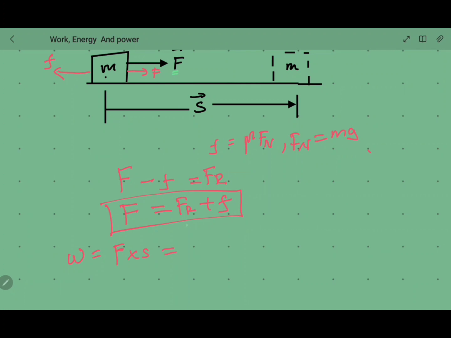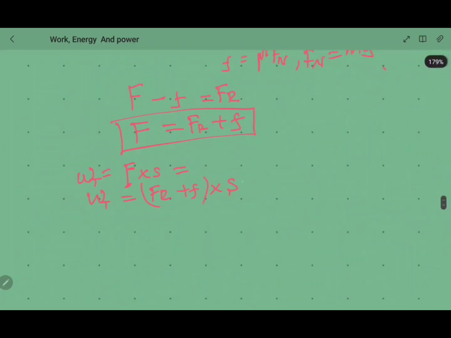But the force applied is equal to the resultant force plus the friction force. So the total work done by the applied force is equal to the resultant force plus the frictional force, everything times the distance.